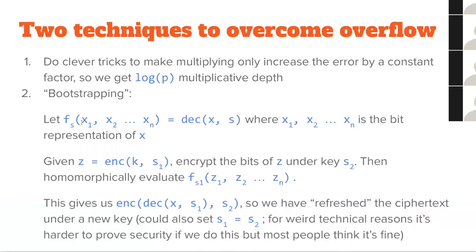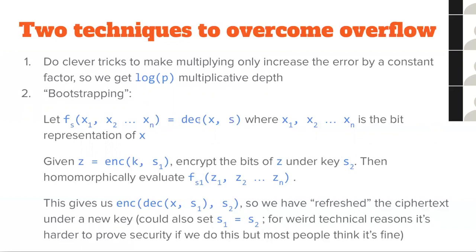Think of this as being part of the public key of the system. First of all, you can encrypt the bits of X under some key S2, but also we provide the bits of S under the key S2. So for some key S2, you have the regular public key for S2, and you also have an encryption of S under S2.